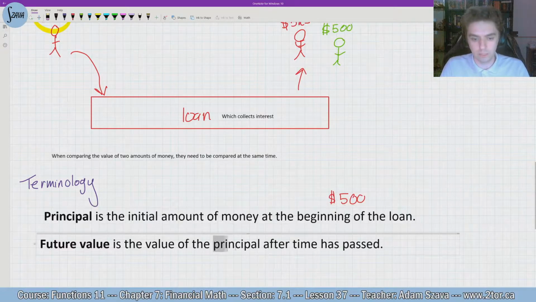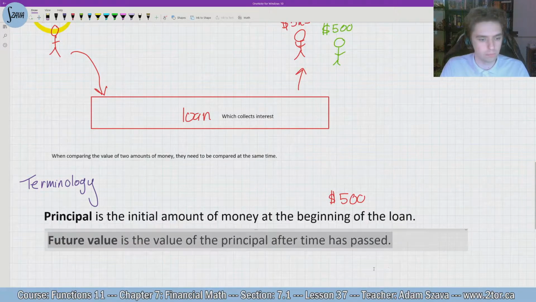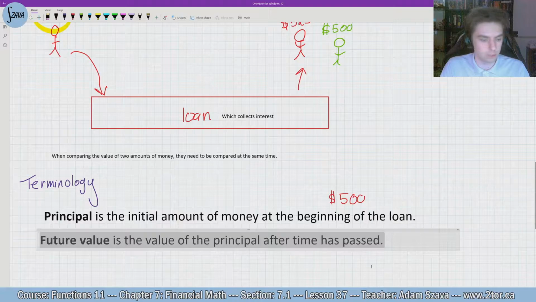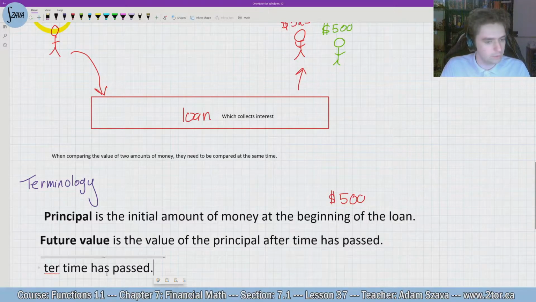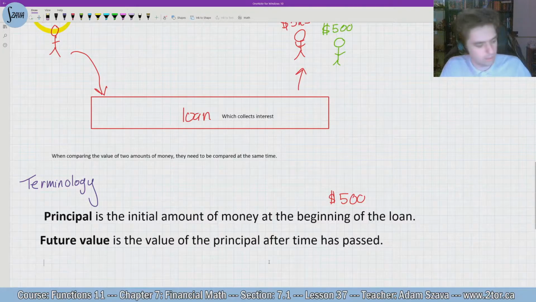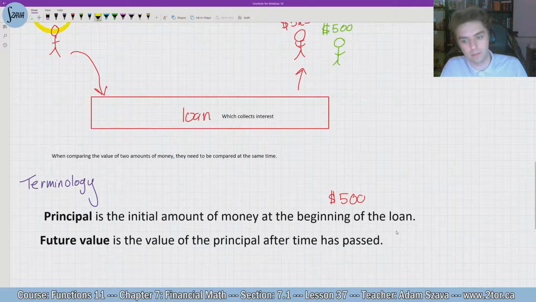So the principal is some initial amount of money. After some time has passed, its future value is that new value there, which will probably be greater. If it's just based off interest, it will be greater. Okay, so that's the future value, and comparing it to our example, that would be $525.